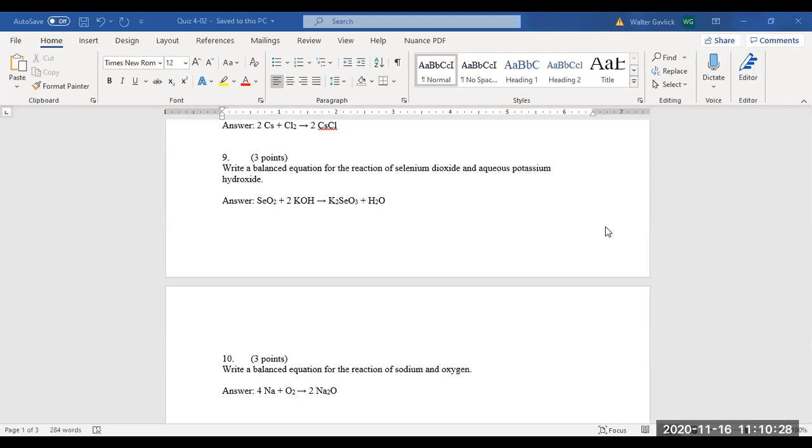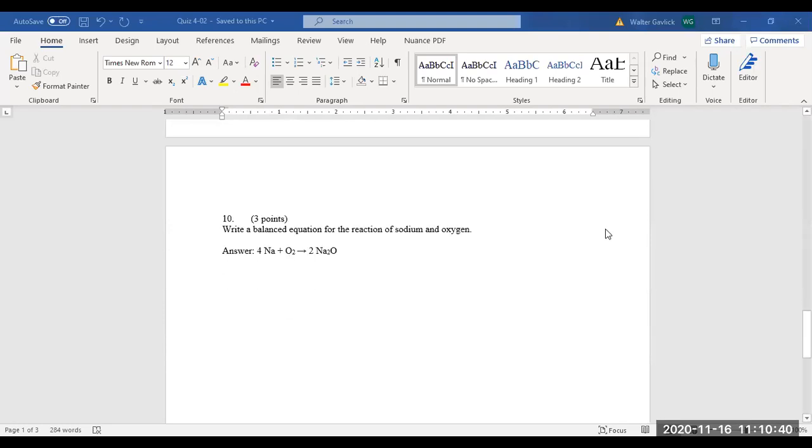So it was selenium dioxide, SeO2, plus 2 KOH going to K2SeO3 plus water. And then the last one, number 10, write the equation for the reaction of sodium and oxygen. So it's 4 Na plus O2, giving you 2 Na2O.